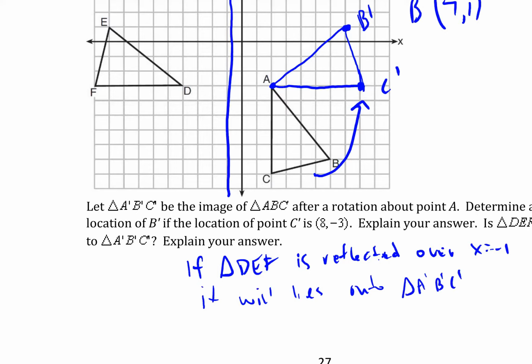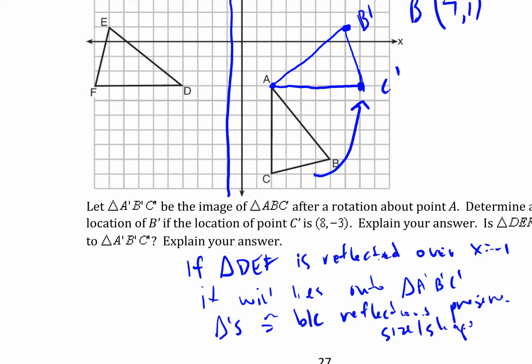So because of that, I know the triangles are congruent because reflections preserve size and shape because they're rigid motions.